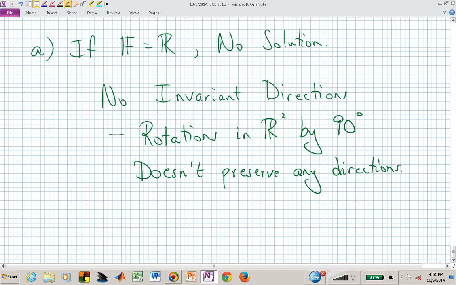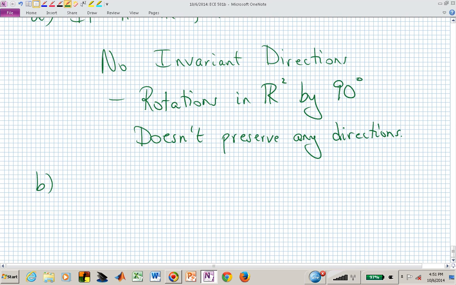But now if we look at a different case, suppose our field of numbers is complex. Now we say lambda squared is equal to minus 1.